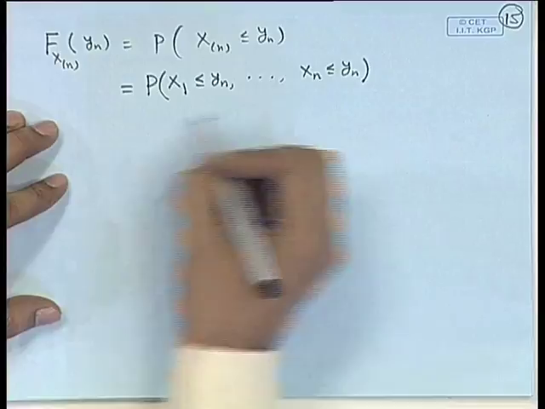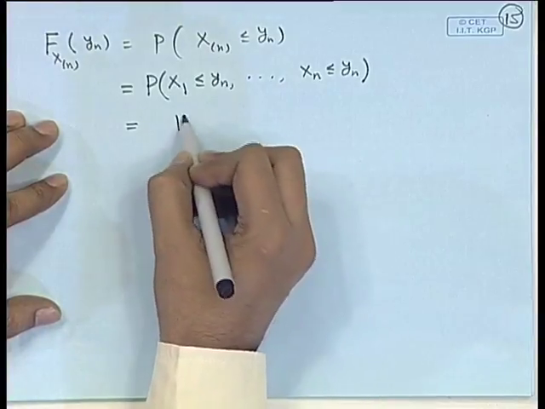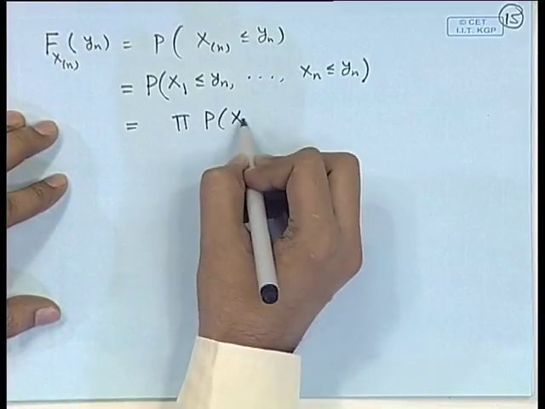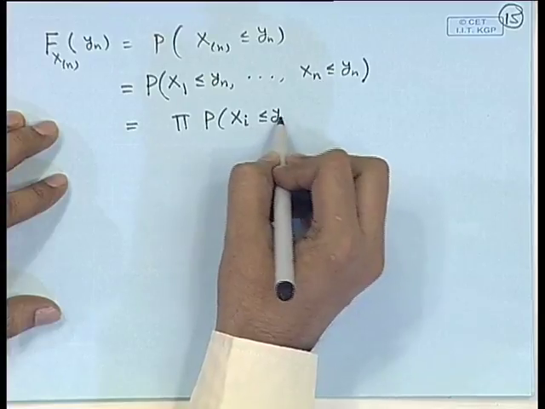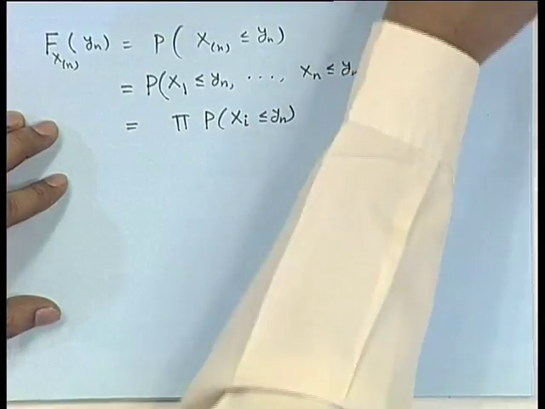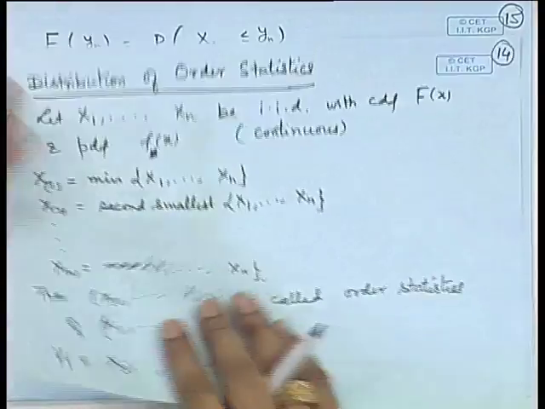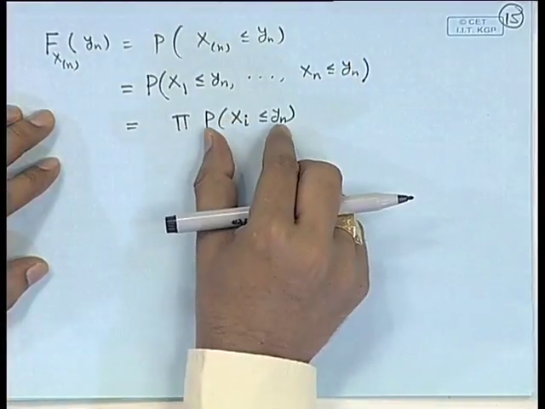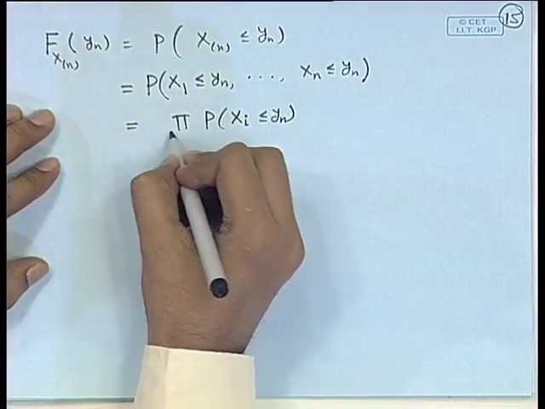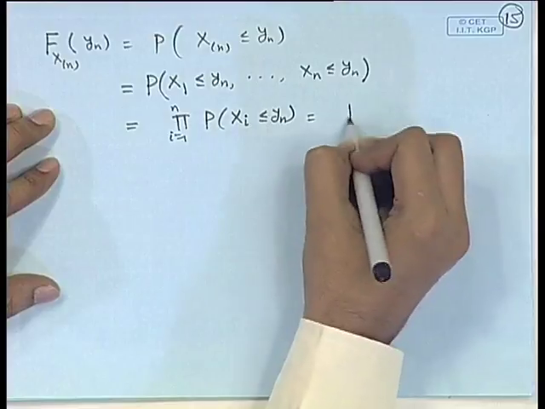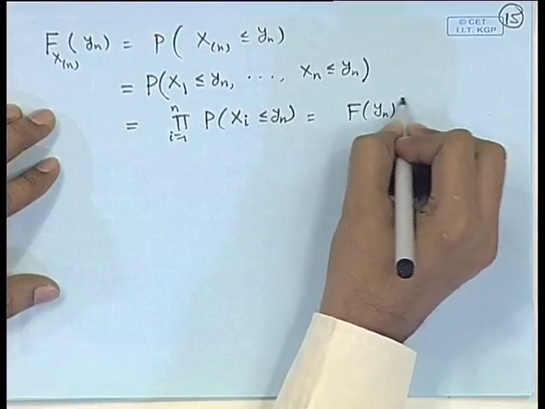Now, we make use of the fact that the random variables are independent and identically distributed, all of them have the CDF F(x). So, each of these values is F(yn), and therefore we get this as F(yn) to the power n.